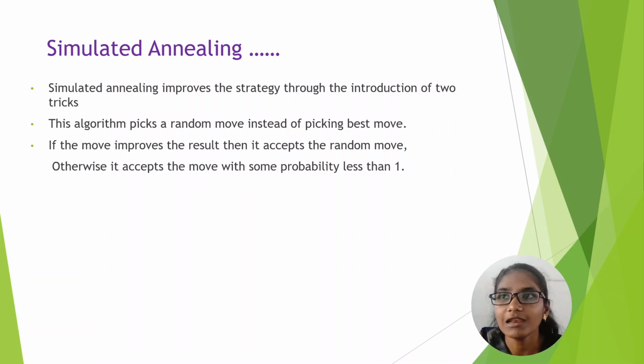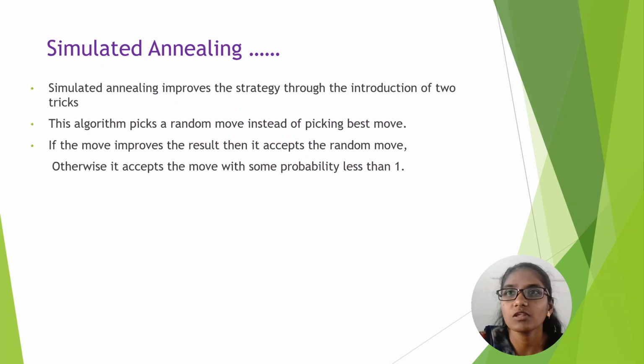The algorithm chooses a random move instead of picking the best one. After a certain time it improves and finally reaches the global minimum.